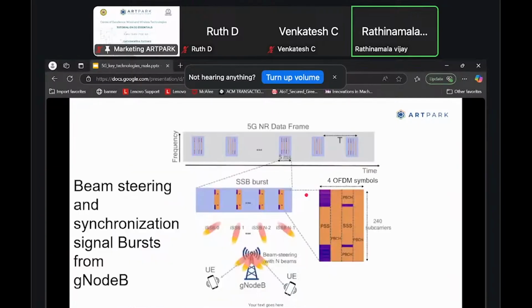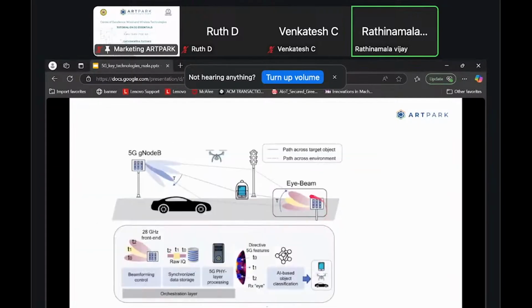So you can see here is the receiver that they have designed, and this is the 5G G-node B, and there's beamforming, and there are beams passing through each object, and then they are received at the receiver.